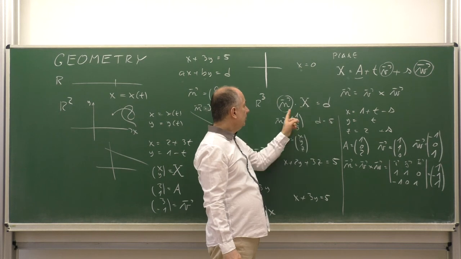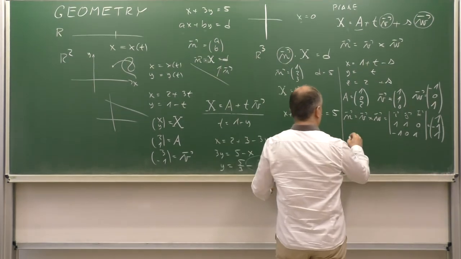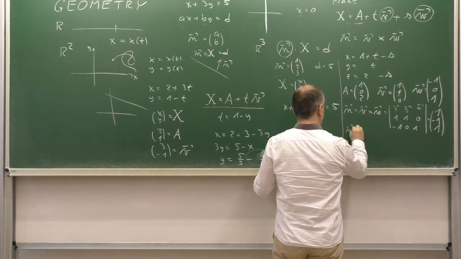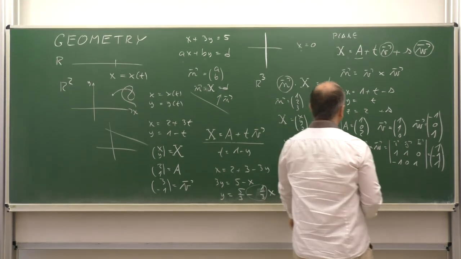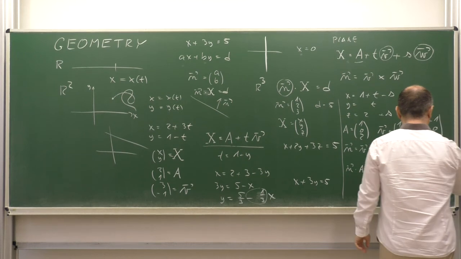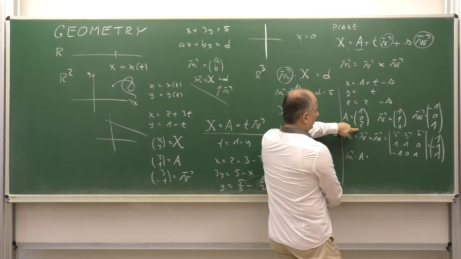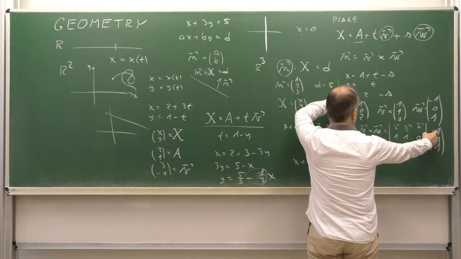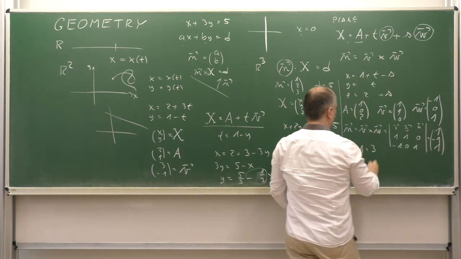So d can be just n times A. So we compute the scalar product n dot A. Here we have n, 1, minus 1, 1, and here we have A, 1, 0, 2. So the scalar product is 1 plus 0 plus 2, which is 3.